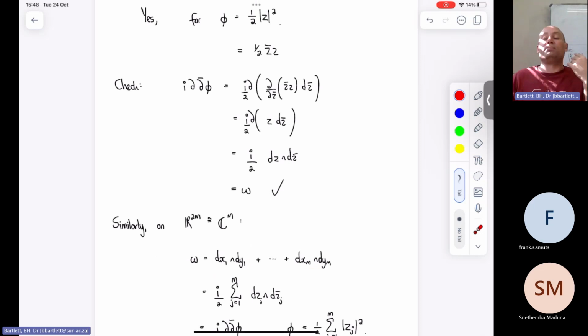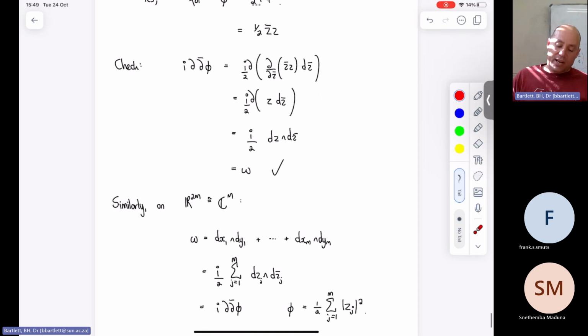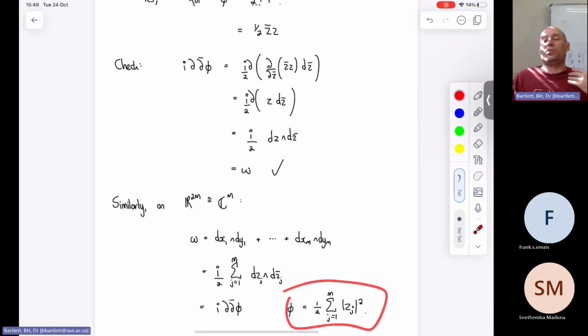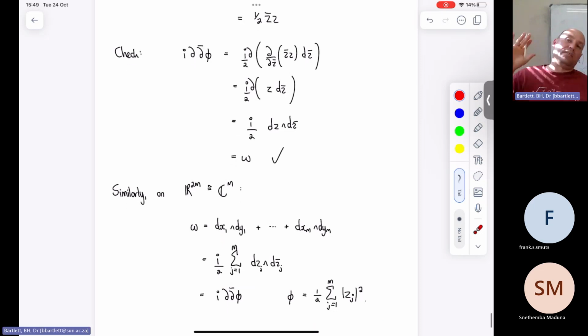That's my Kähler form as a 2 form. And I can write it like this if I want to, but now phi is just going to be the sum of the norm squares of each of the z's. Okay, so that's, in a sense, the most basic case of a higher dimensional Kähler manifold, just Cm with this Kähler form. And the metric is just the Euclidean metric on R to 2m.